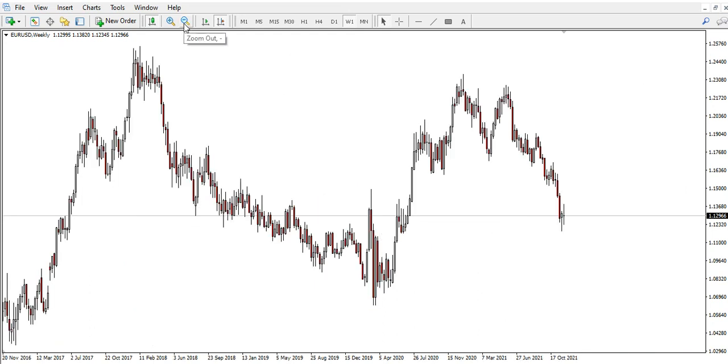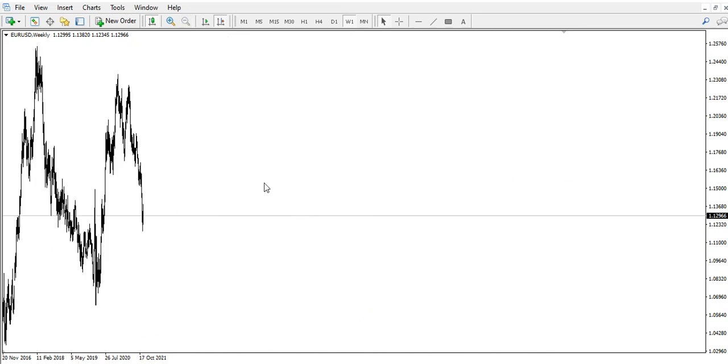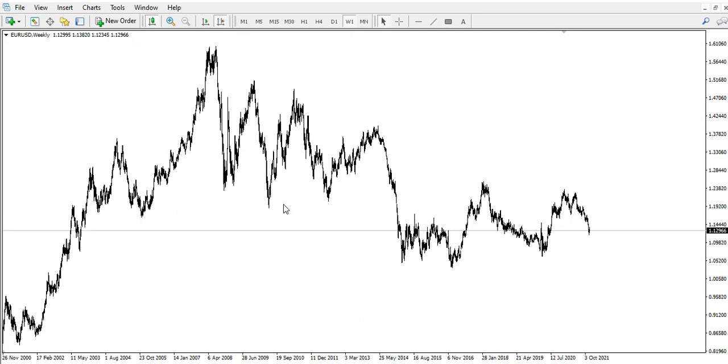Okay, let me zoom out so that you see the overall trend. As you can see, we have this low here. We have this low here. This is the low of the market where the price can come to on weekly time frame.